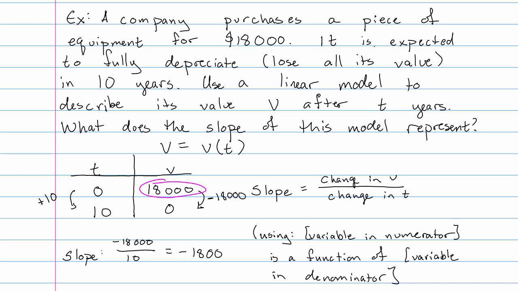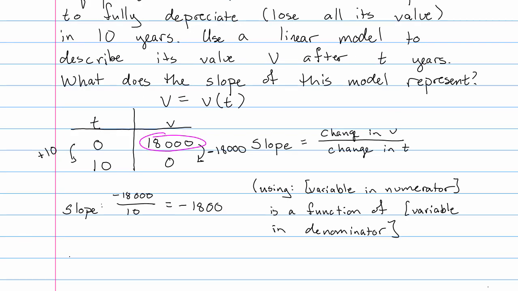So our value as a function of t is negative 1,800 times t plus 18,000. Or we could write the terms in the other order and say 18,000 minus 1,800t. Whichever you like better.